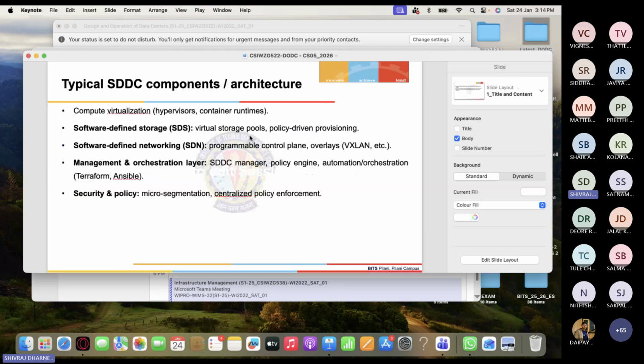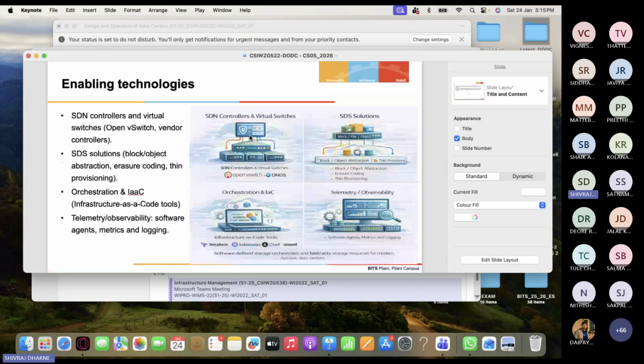If somebody asks you what the typical SDDC components in the architecture are, you should say SDS, software defined storage, SDN, software defined networking, and SDDC, the software defined data center, that will have all the features to manage the whole data center, and orchestration, that means a policy engine. By the way, these are examples. And security and policies, micro segmentation, centralized policy enforcement, all that is done in the software defined data center. These are the components of SDDC.